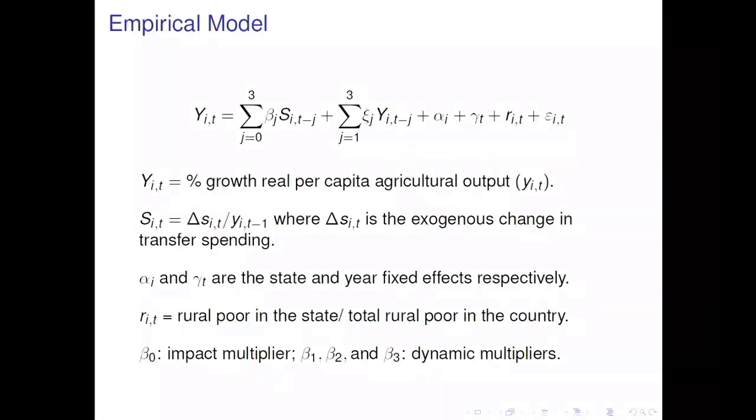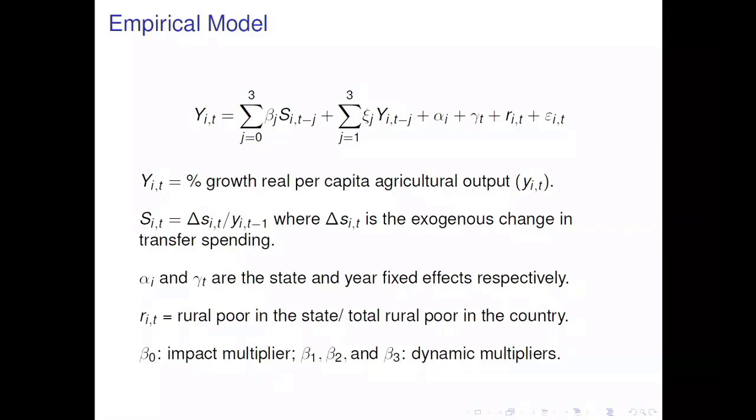What's our empirical model? YIT is percentage growth in real per capita expenditure output. SIT is the exogenous shock divided by output, agricultural output at a state at a particular point in time. Alpha I and gamma T are state and year fixed effects.